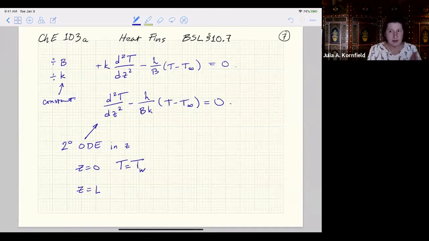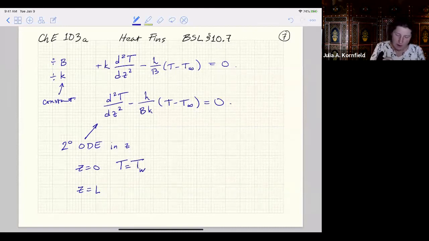But there's a simplification that's usually very good. So as you recall, looking at the photos of actual heat fins, the area of the end is very small compared to the area of the whole fin. So even though in principle there can be a flux from that surface, it's negligible. And so that gives a simplification where you treat the flux out the end as if it were insulated, because that flux in fact is so small that it doesn't really matter.